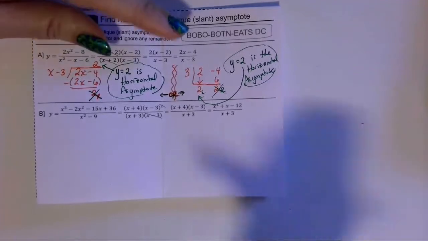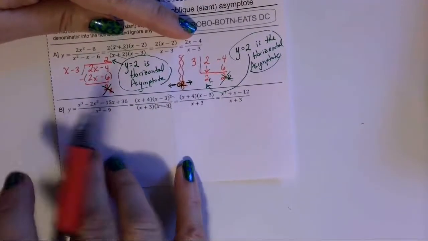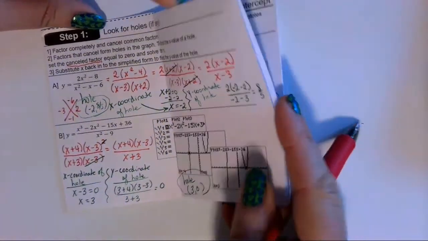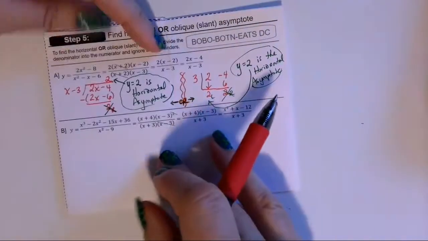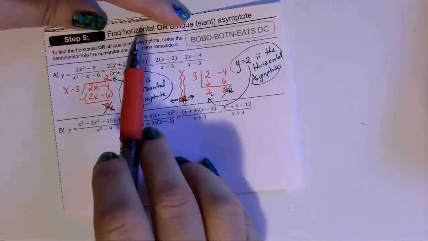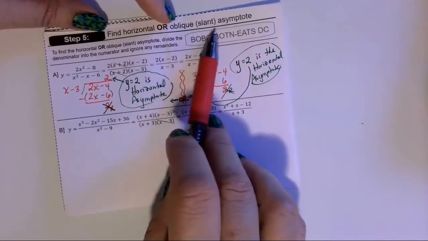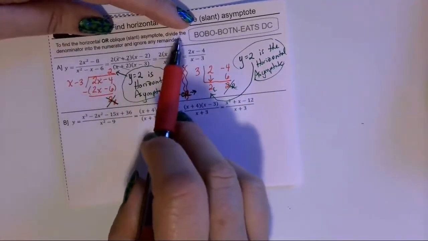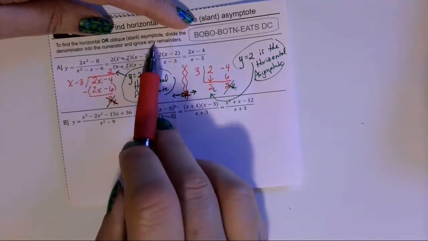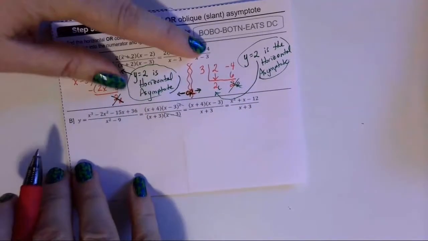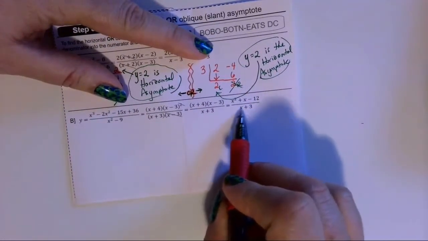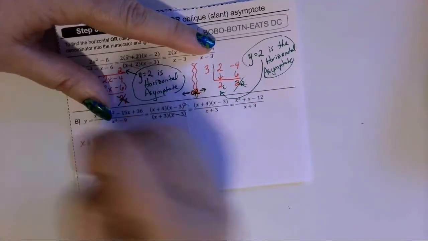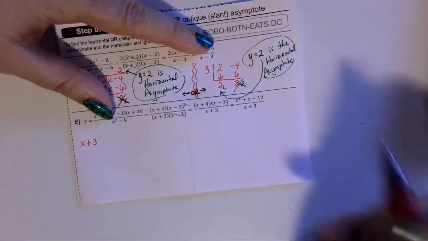Okay, now in example B, right, we're carrying that over from our step 1, steps 2 through 4. Now we're on step 5, which is to find a horizontal or oblique slanted asymptote. And again, we're going to divide the denominator into the numerator and ignore any remainders. So my denominator is x plus 3. So if I'm doing long division, that is my divisor.